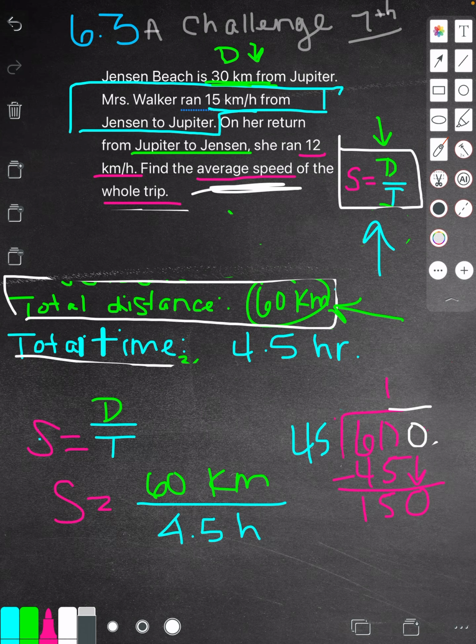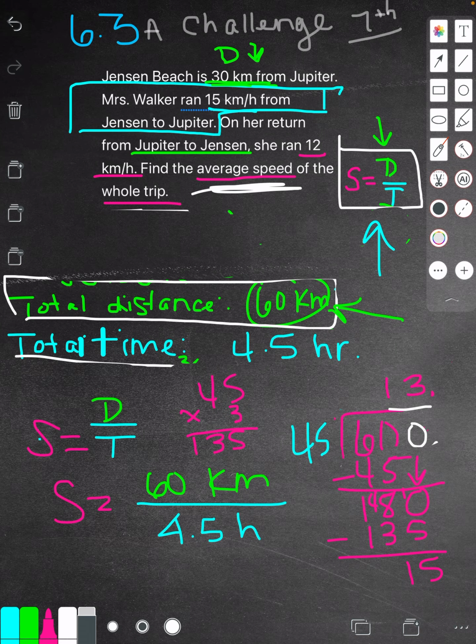I can try it over on the side just to make sure. So I'm going to say 45 times 3, and I know that that is 135 when I multiply it out. So 135, subtract, we end up having to borrow, and you are looking at 15 as your answer here.